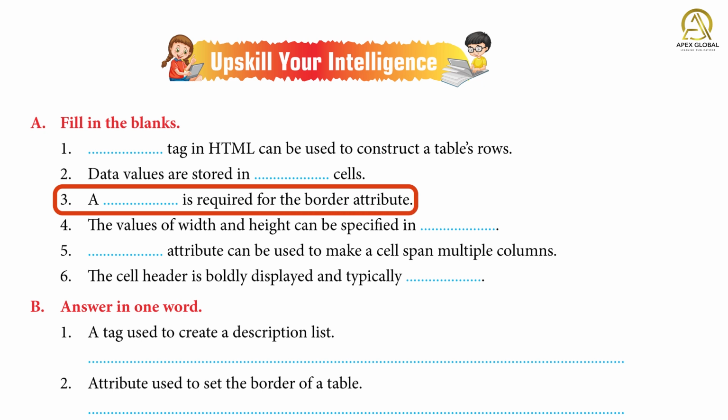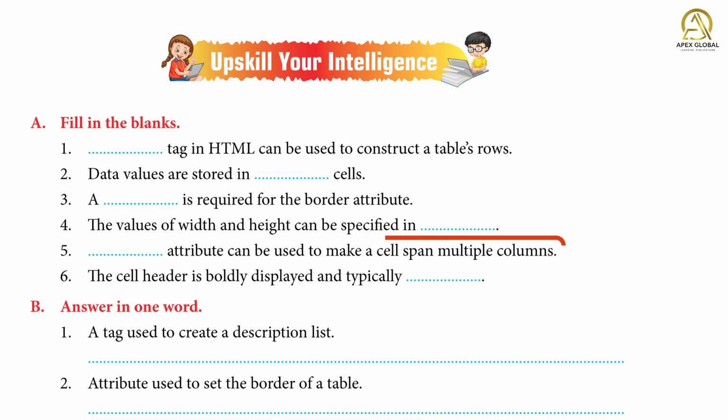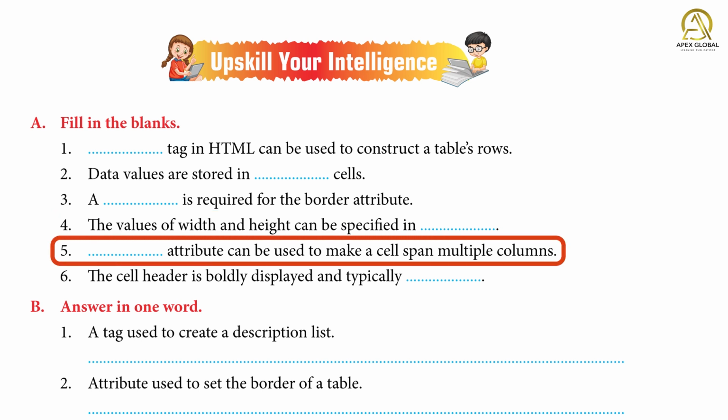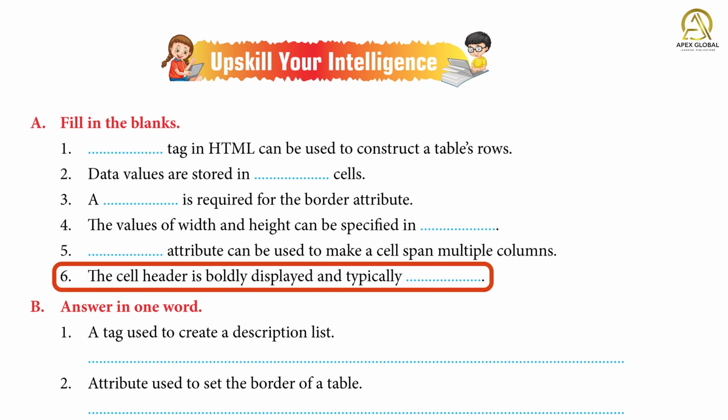Answer: number. 4. The values of width and height can be specified in dash. Answer: pixel. 5. The dash attribute can be used to make a cell span multiple columns. Answer: colspan.